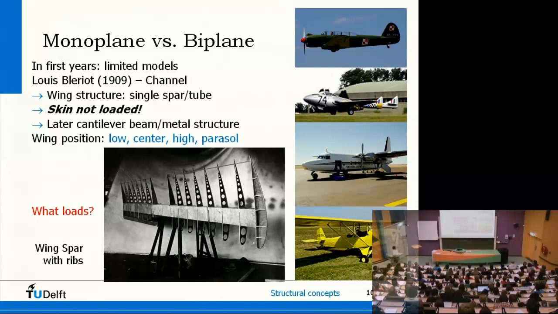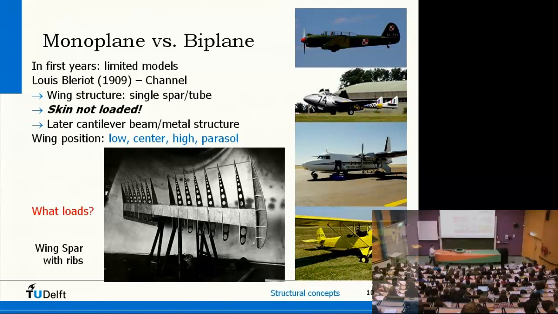Again, you see here a wing of the old days, completely made of wood. You have some wooden tube inside and some ribs mounted on top of it. What kind of loads can such a tube take?